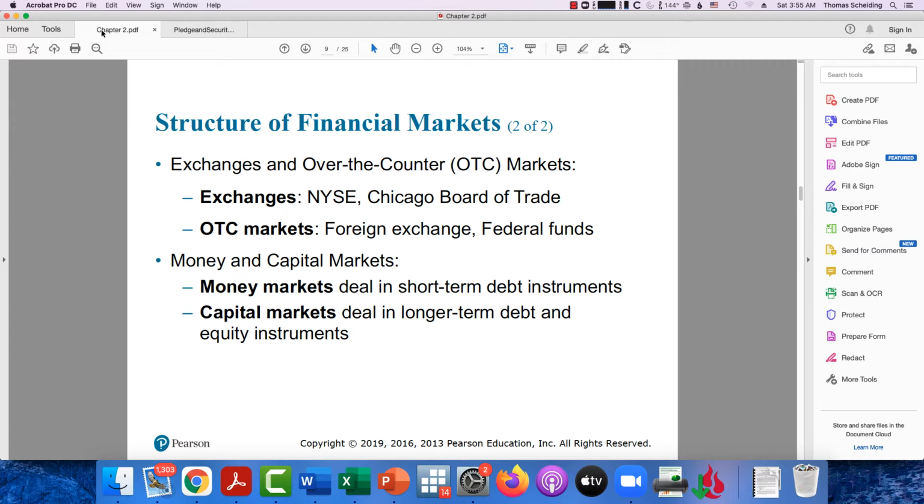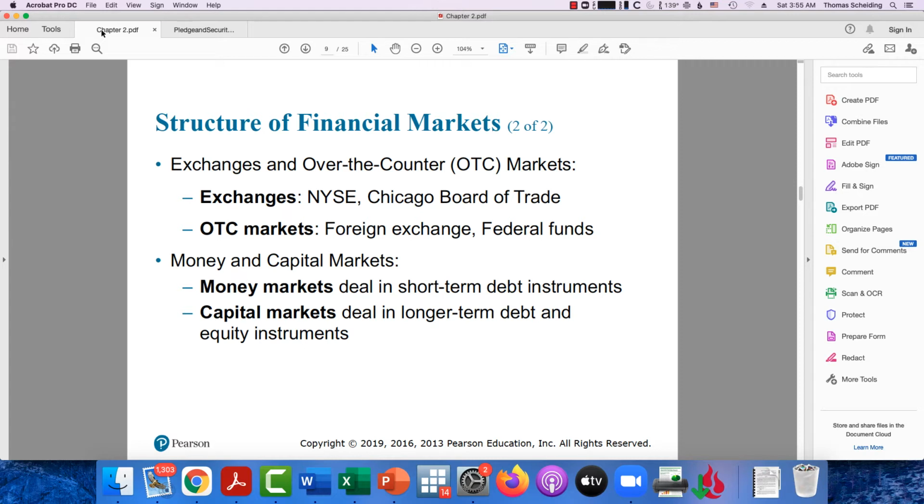The exchanges, that's what you would kind of see on TV when people are yelling at each other and whatnot. The NYSE stands for the New York Stock Exchange, and that would be trading of securities. And that's where you see either computer trading of some kind or individuals yelling at each other for sales.